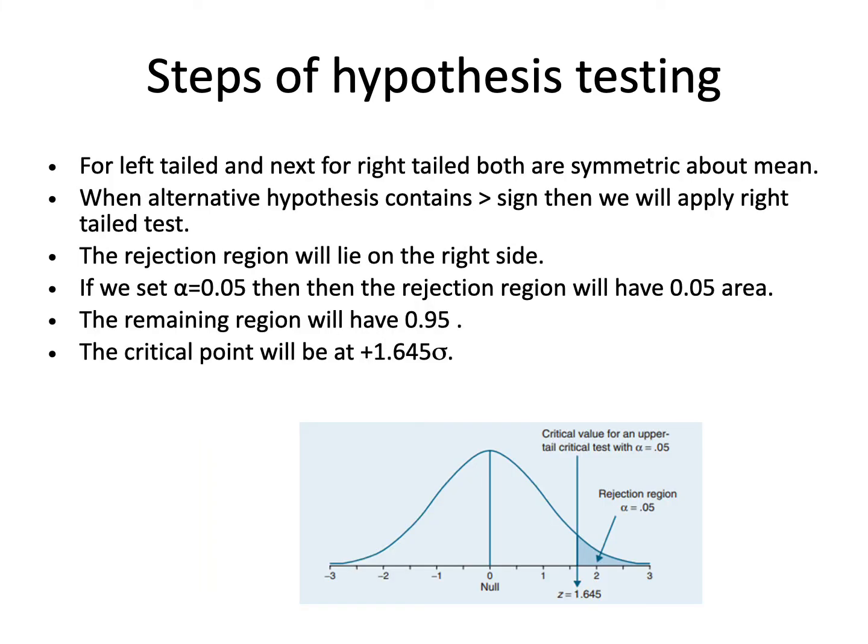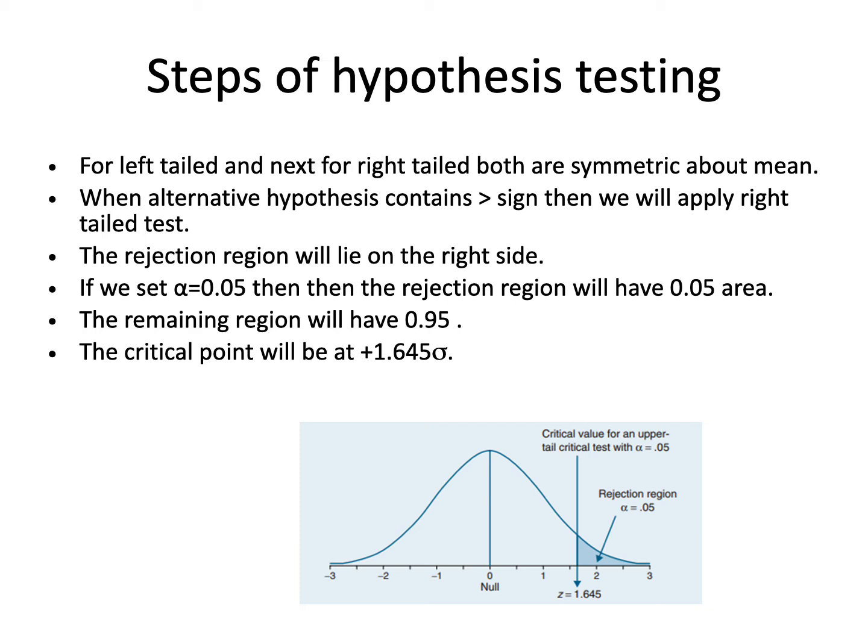Let's see the one tail test, one for left tailed and the next for right tailed. Both are symmetric about the mean. When the alternative hypothesis contains the greater than sign, then we will apply the right tail test, and the rejection region will lie on the right side.